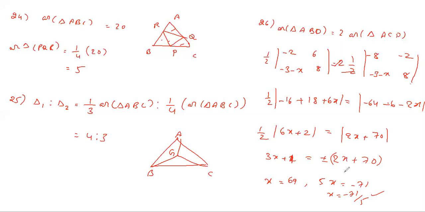You understand? Just equate the areas, 2 times. Area means you have to take the modulus because we don't know positive or negative. So we are taking modulus.